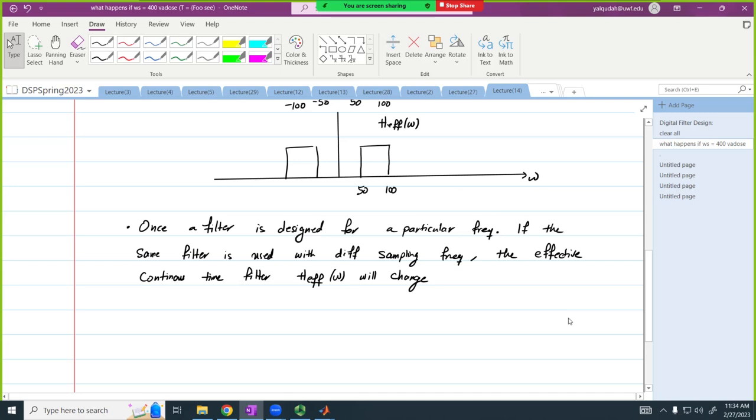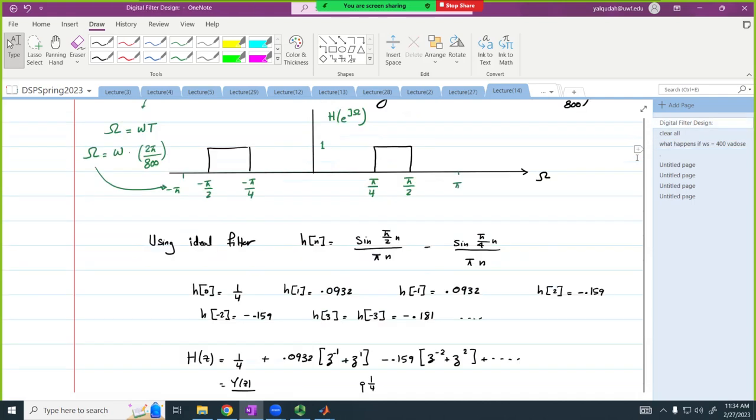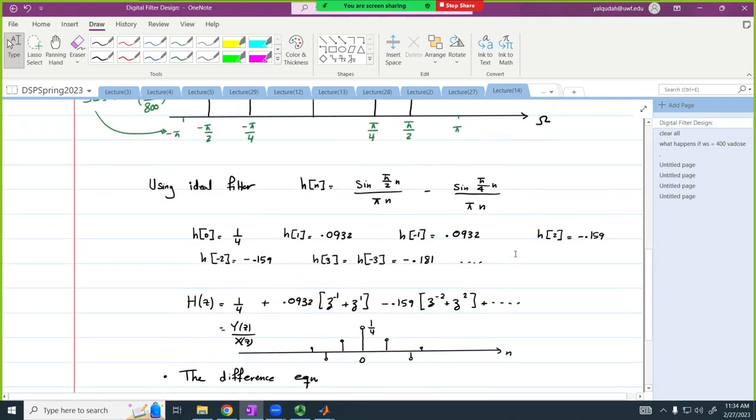The difference equation that we generated from the original filter was this pi over 2 over pi over 4. So if you're going to change the sampling frequency, this is going to change. But that's the same thing as designing a new filter. This pi is coming from this transformation. If this changed, then this has to change. Make sense?